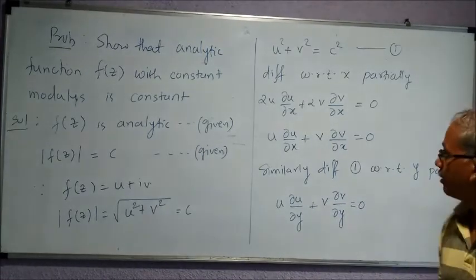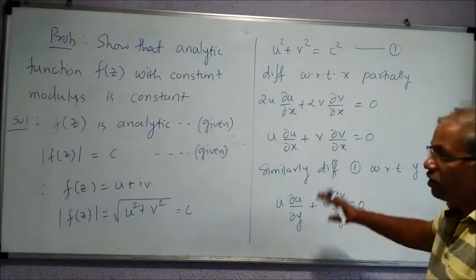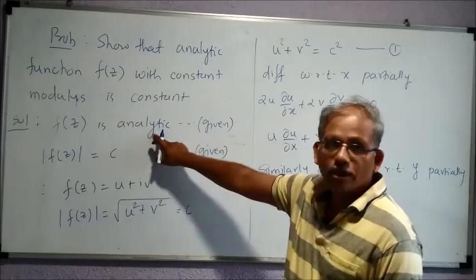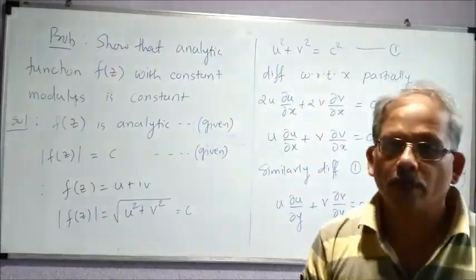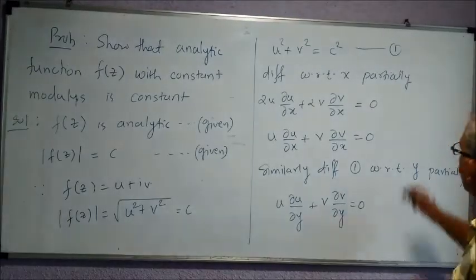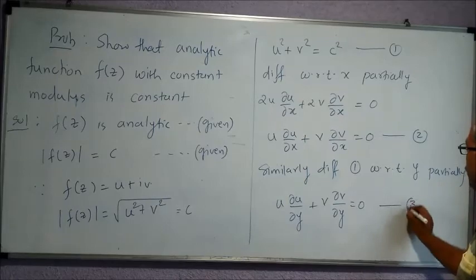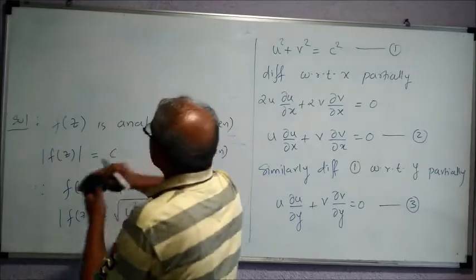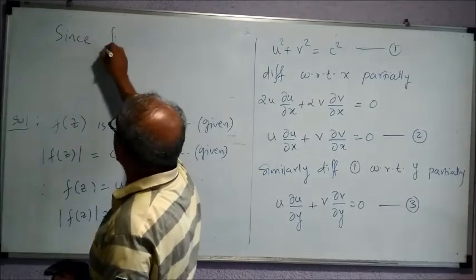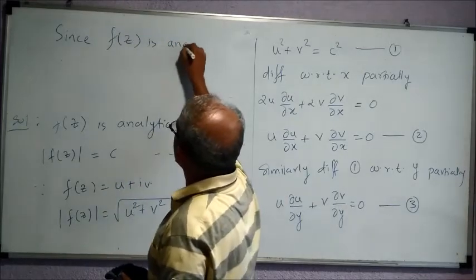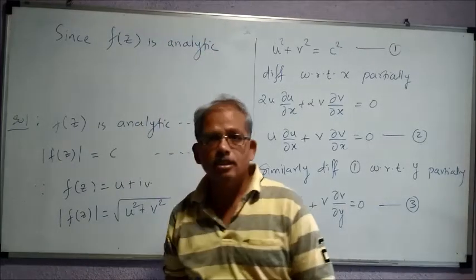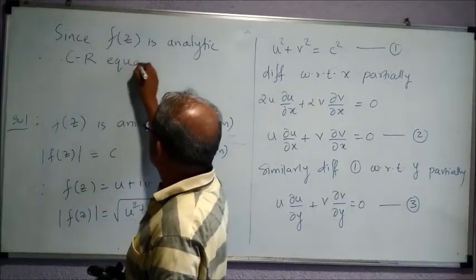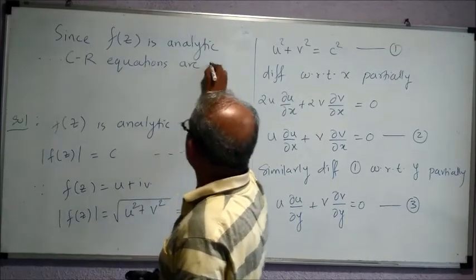Now I can use the CR equations. Why? Because it is given that f of z is analytic. I'll call these equation number 2 and equation number 3. Since f of z is analytic, the CR equations are satisfied.